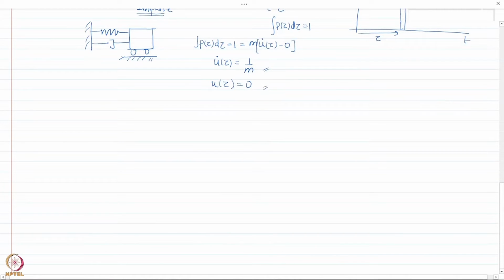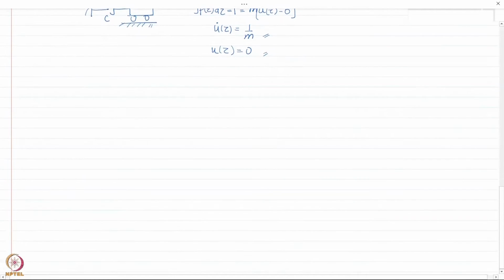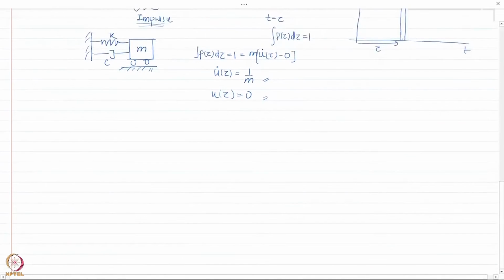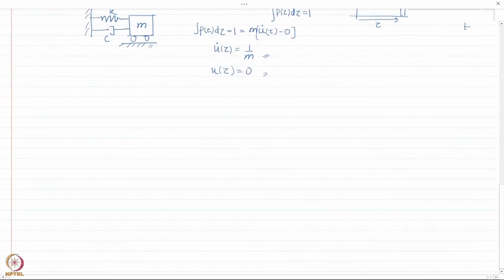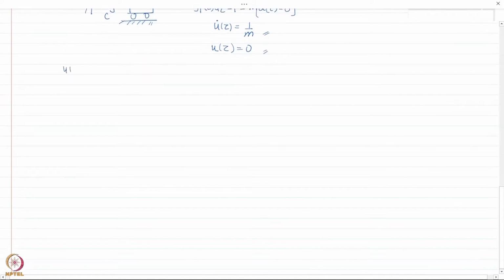With these conditions, we want to find out the response of this spring mass damper system, which would be the response to a unit impulse at any time equal to tau.